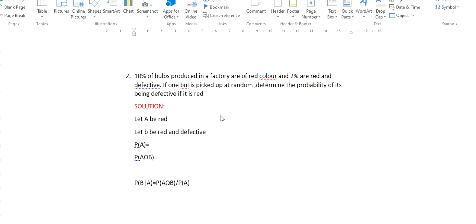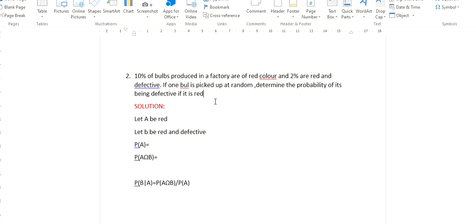Okay, we have another problem on conditional probability. The previous problem was about independent events. Now this is a dependent event. This is the second one. 10% of bulbs produced in a factory are red color, and 2% are red and defective. If I pick one bulb at random, determine the probability of it being defective if it is red.